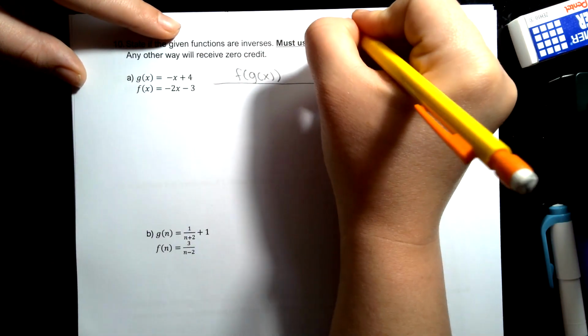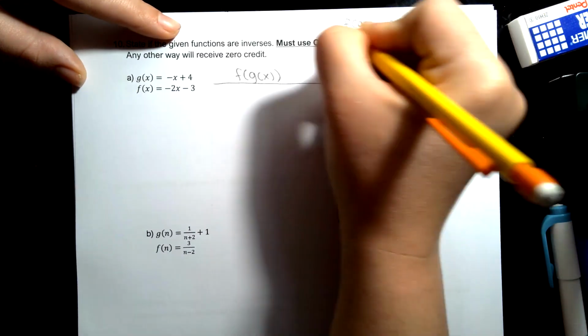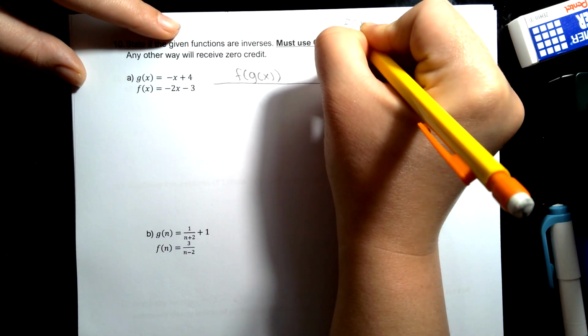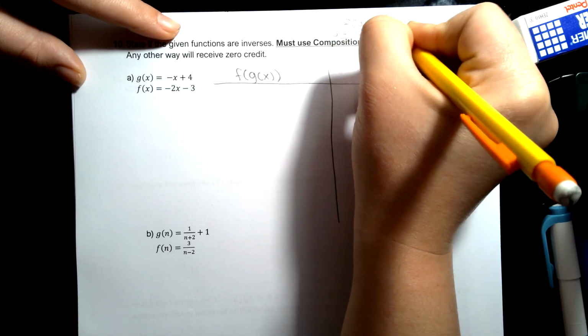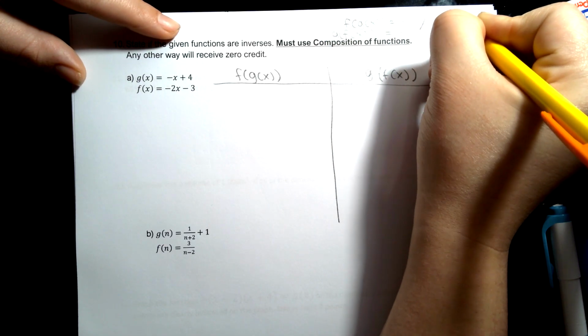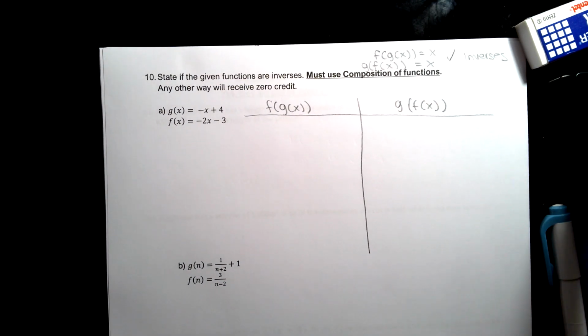Both must be equal to x. And if both of them are equal to x, then yes, they are inverses. If one of them does not equal x, that means no, it is not an inverse.